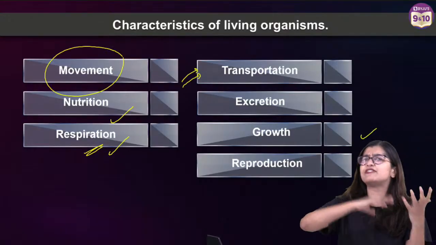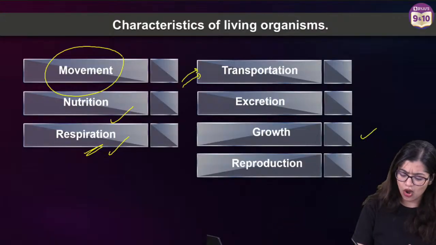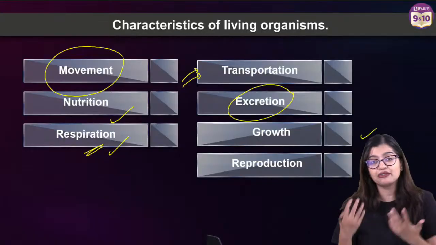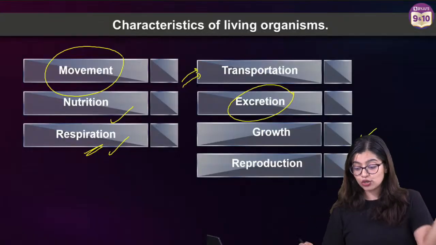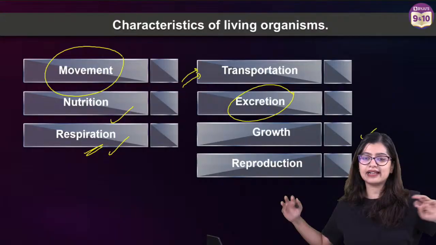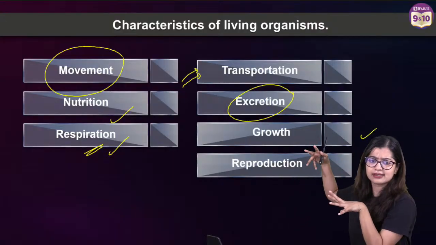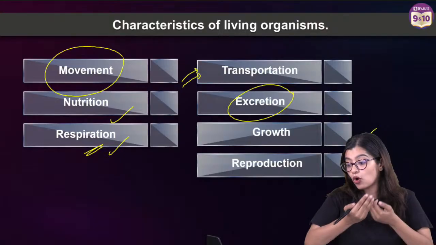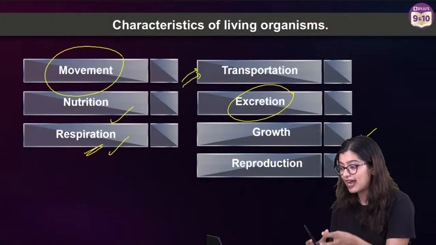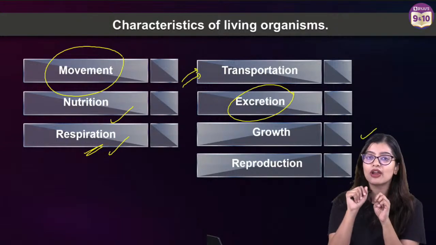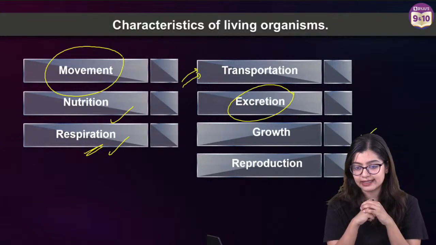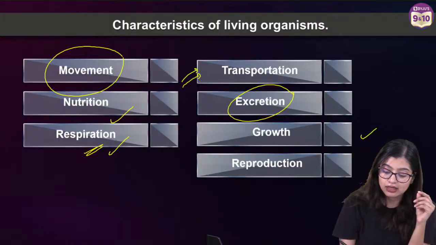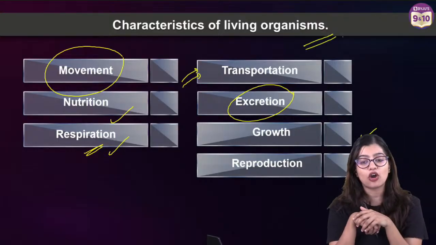And we also know that we physically move around, and whatever is not needed by the body, we get rid of it, and of course, we excrete it out. So all these characteristics that we observe are what make you and me living, and help us identify that this is a living organism, this is not a living organism, right? So far, are we all clear with the basic characteristics of living organisms?